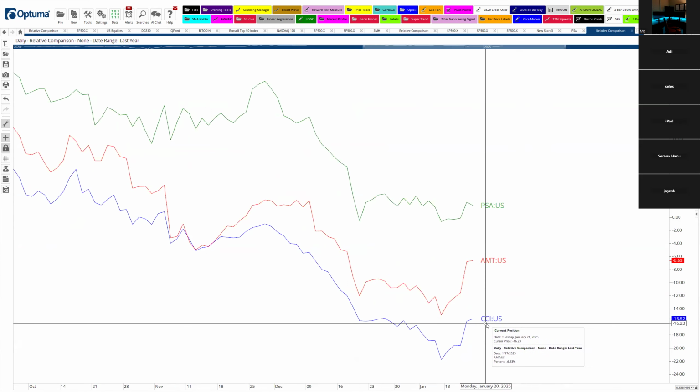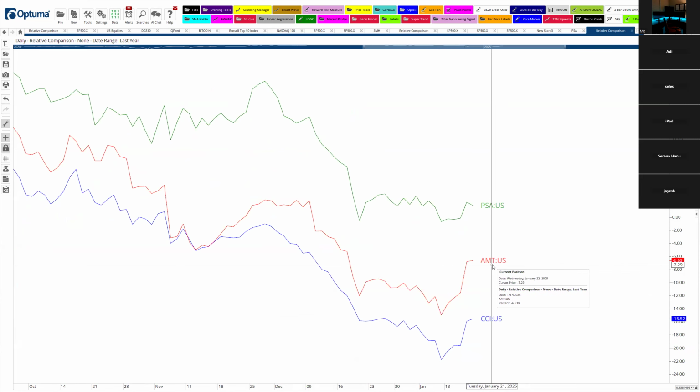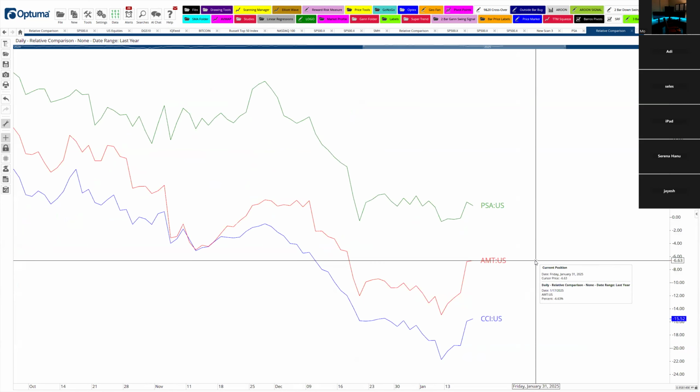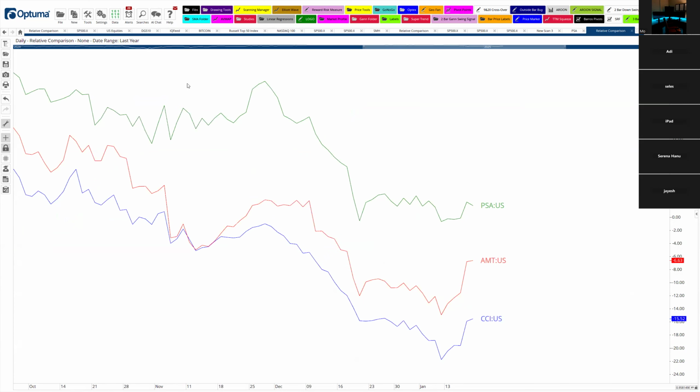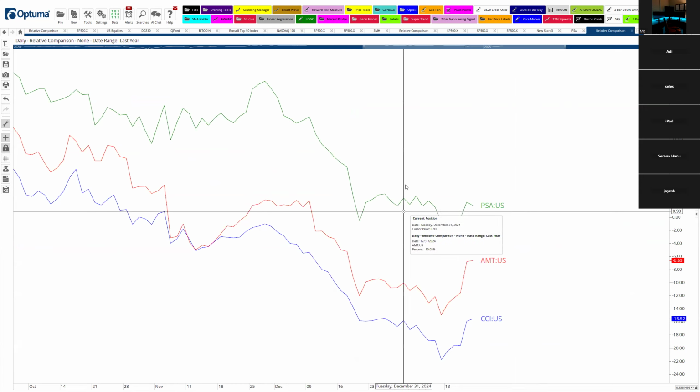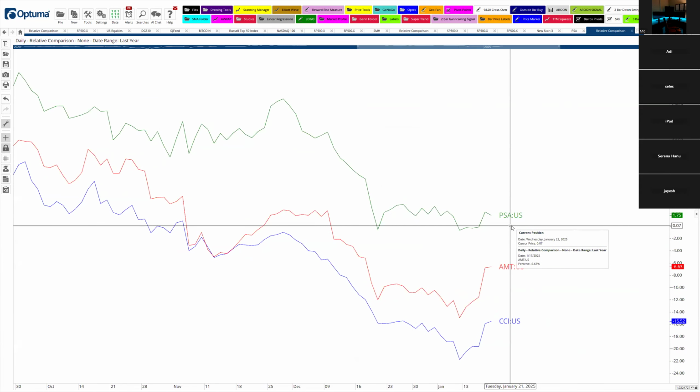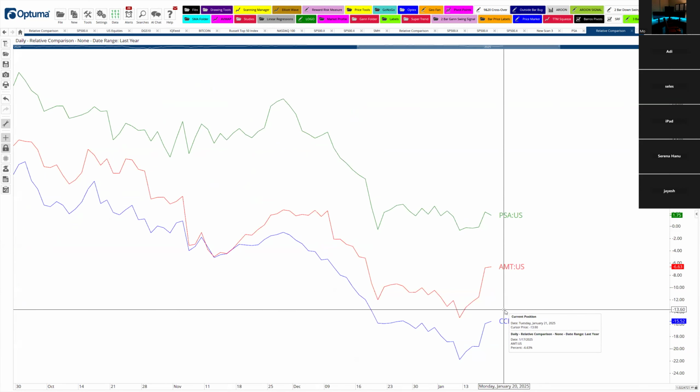As you notice, Crown Castle is the one that got hit the most, right? And then you have AMT, which is now kind of a bit of a bounce that we just played, the 663. When you compare the three stocks, this one right there, as you can see, has much better relative strength compared to these two, right?